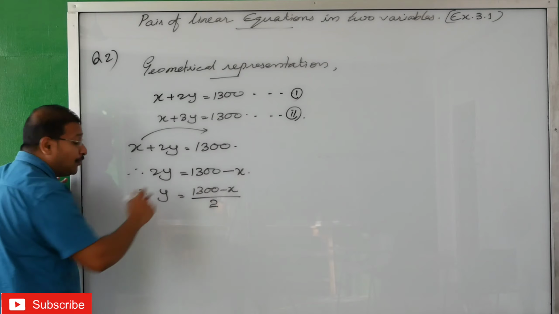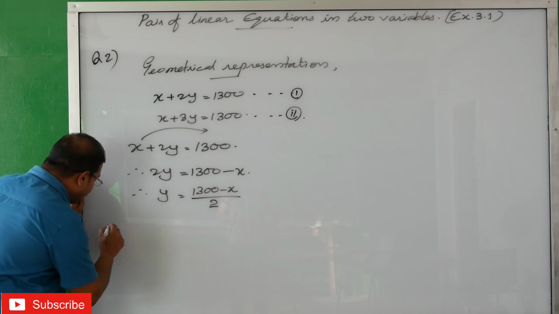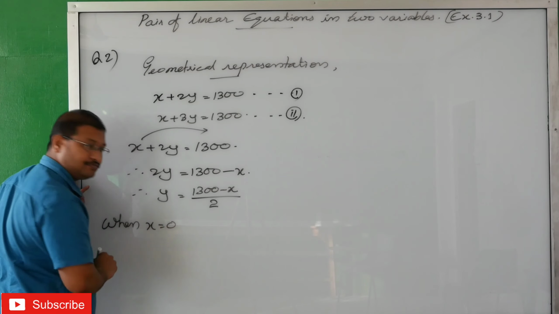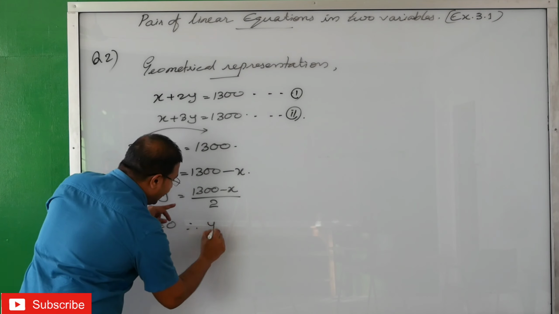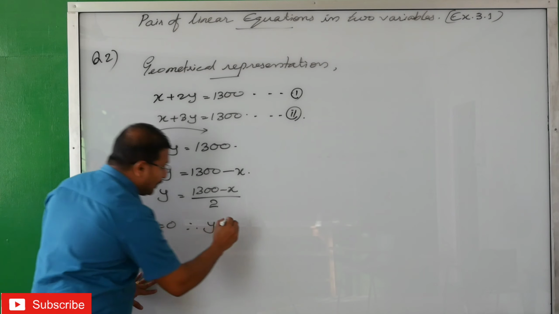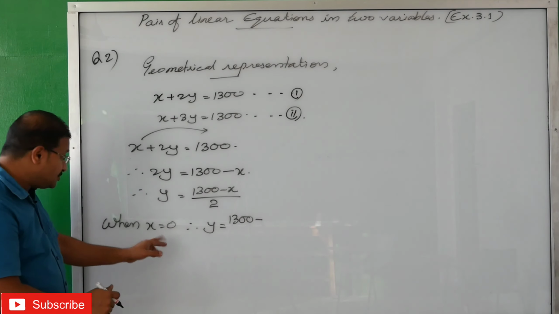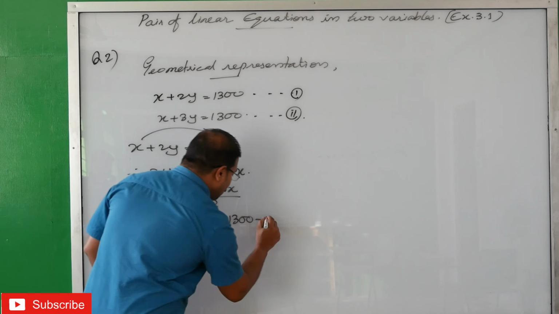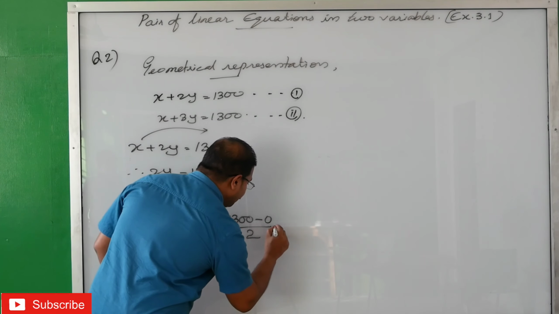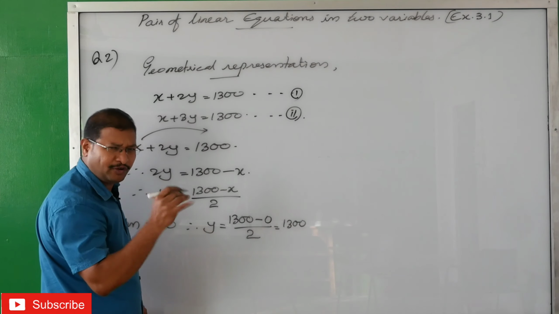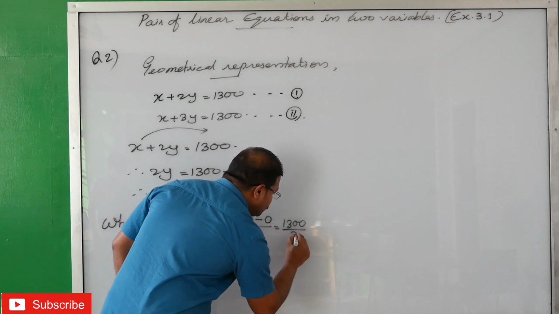We will put a value for x. So, we will write when x equals 0. Therefore, y equals 1300 minus, in place of x, what you will put? 0. Divided by 2 equals 1300 minus 0, means no need to write, divided by 2.